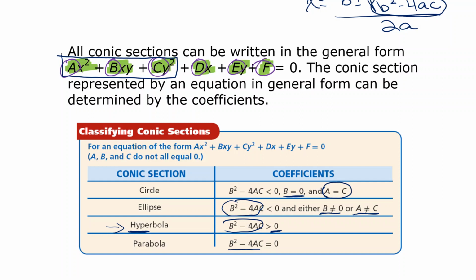I don't know how, you just have to remember the parabola is equal. The circle just has some conditions in it, so if it's less than 0, it's either the circle or the ellipse. For the circle, A has to equal C, and B has to be 0. If those things are true, then it's a circle. If they're not, it's the ellipse. So we're going to work with that, and hopefully you'll get that down for memory a little better too.